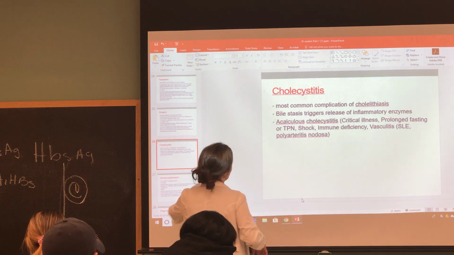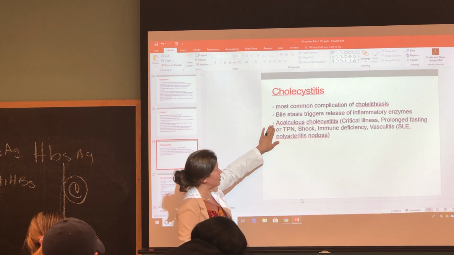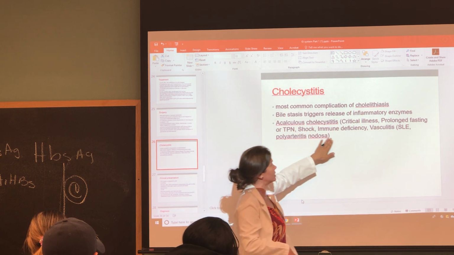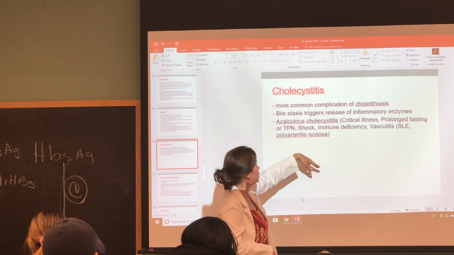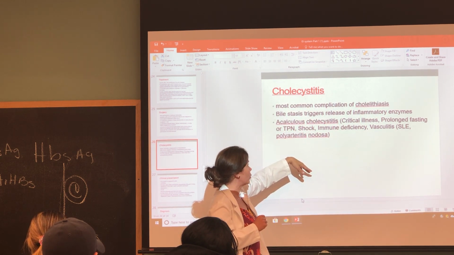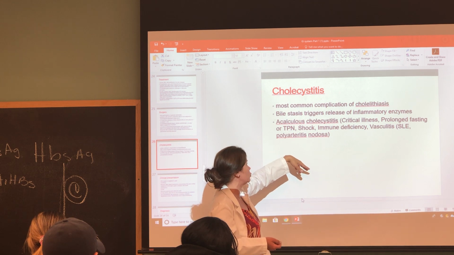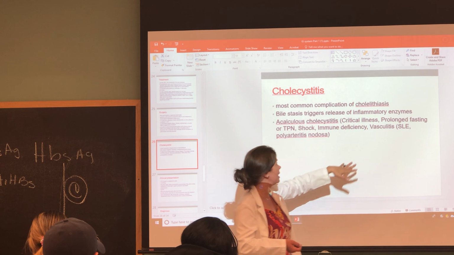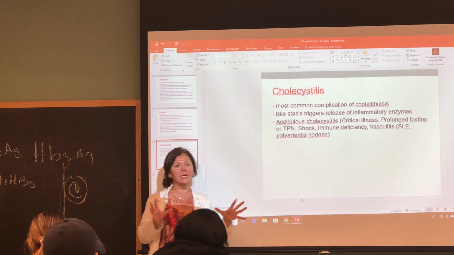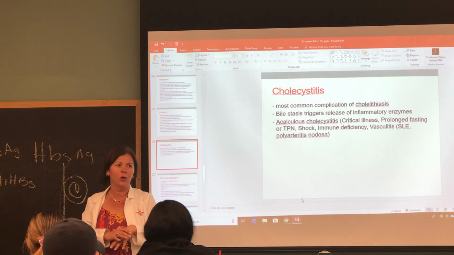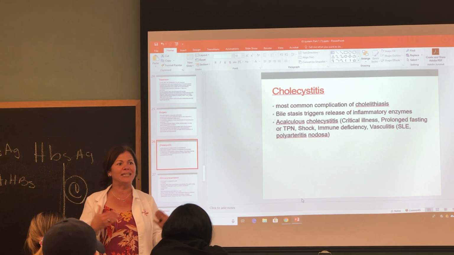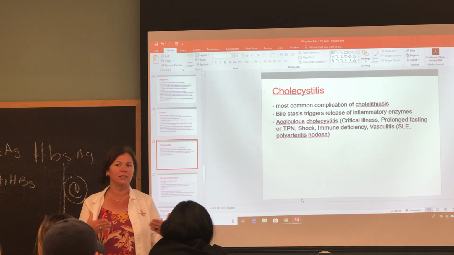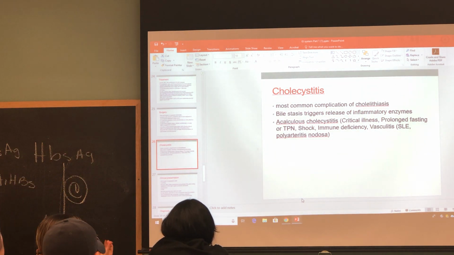All right, so I want you to see examples of acalculous cholecystitis. For example, if you have a prolonged fasting patient, that's why, or another condition why, we incorporate nutrition initially. Any shock patient, any patient that has any major complication of an autoimmune condition, or again, to summarize, any major ischemic process of the gallbladder.